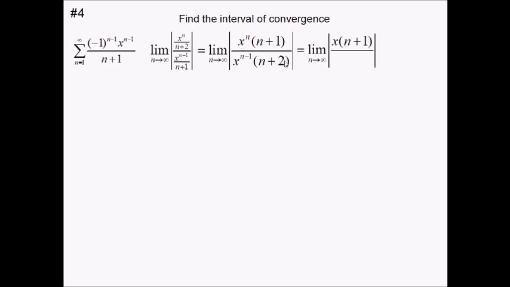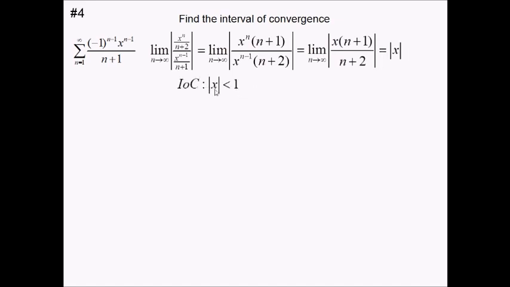We still have this n plus 2 downstairs. As n approaches infinity, I can disregard this little plus 1 and this plus 2 next to the n's. So n over n is just going to cancel, leaving us with just an x inside the absolute value. And to find the interval of convergence, we'll let that be less than 1.